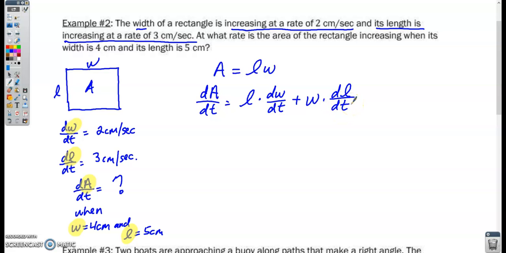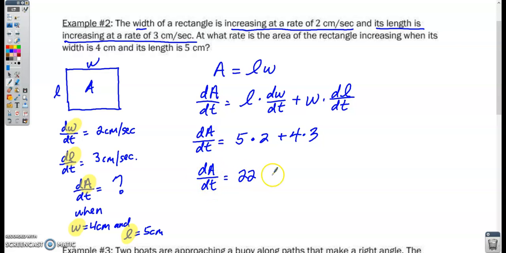There's our derivative, and now we can find dA dt by just substituting in the values that we've got. L is 5, dw dt is 2, W is 4, dL dt is 3, and that gives us that dA dt is equal to 22.